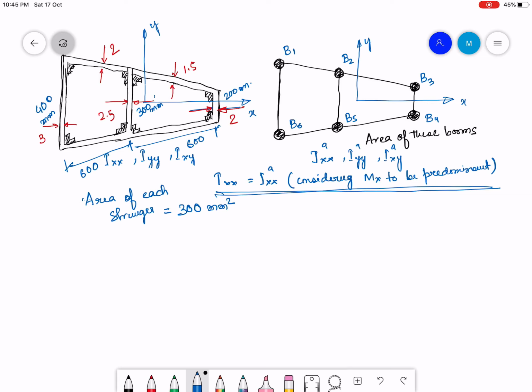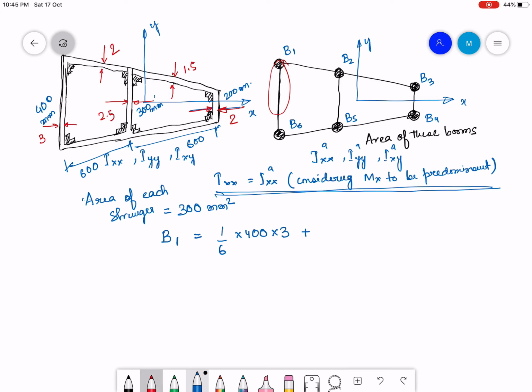So then let me find out B1. So B1 for this portion is going to be 1/6 of 400, right?